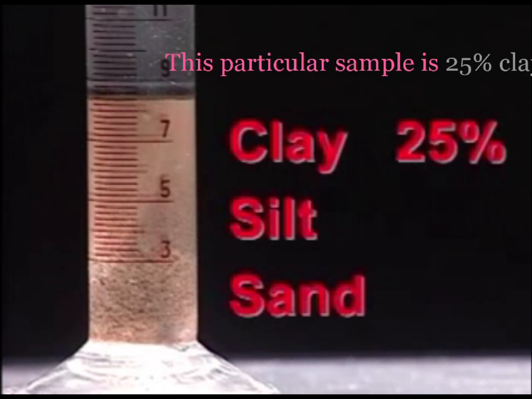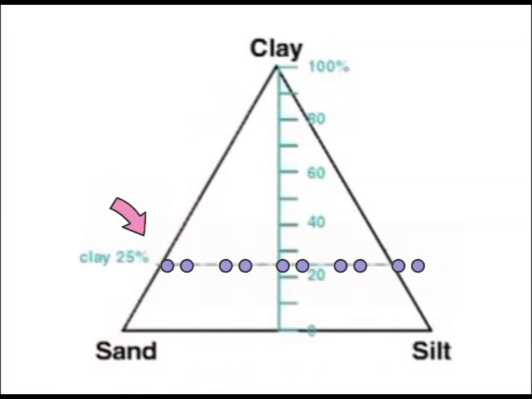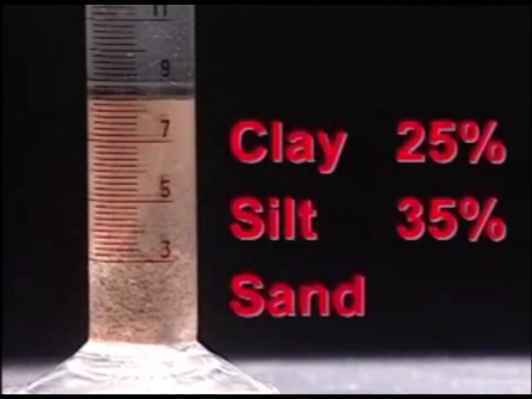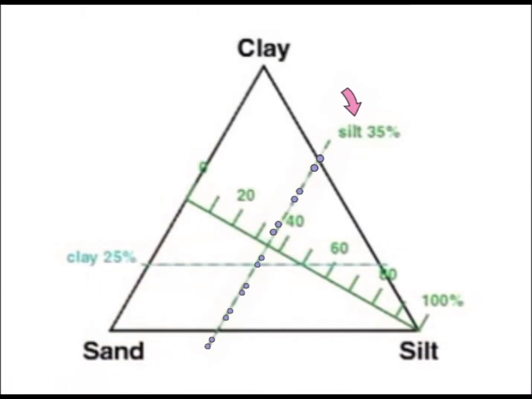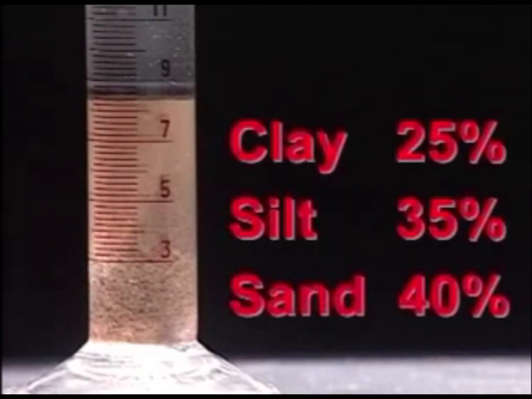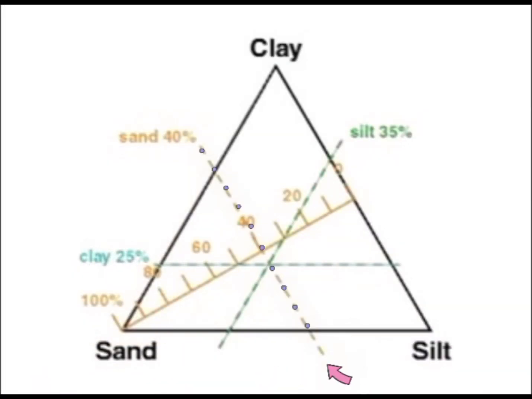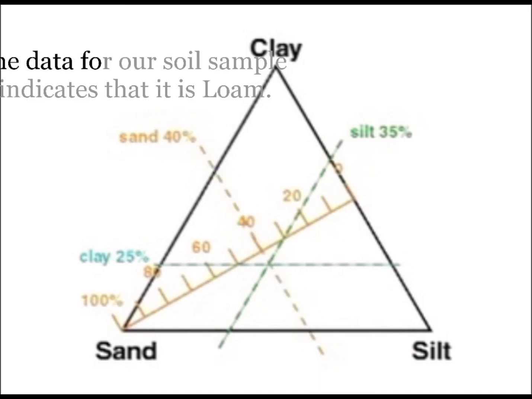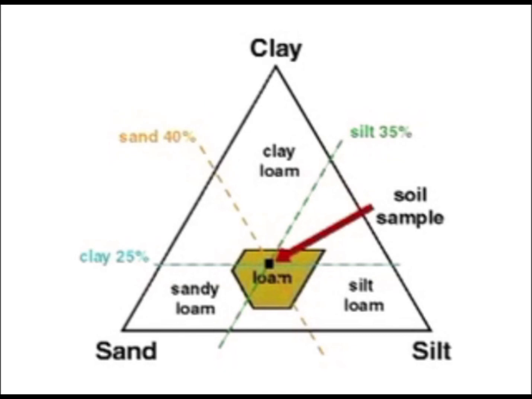This particular sample is 25% clay, 35% silt, and 40% sand. The data for our soil sample indicate that it is loam.